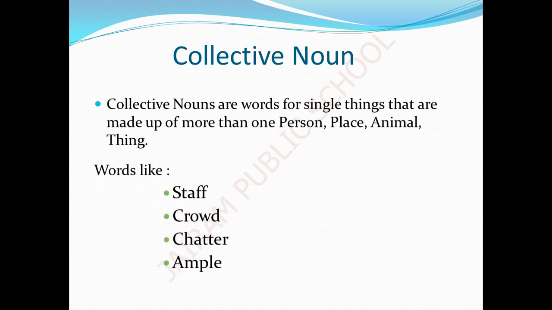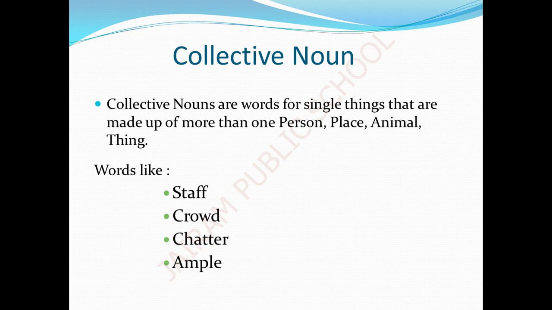Words like staff. The word staff is already in plural form, but we also use it in singular form. We never use staffs because that plural form is wrong. That is incorrect.